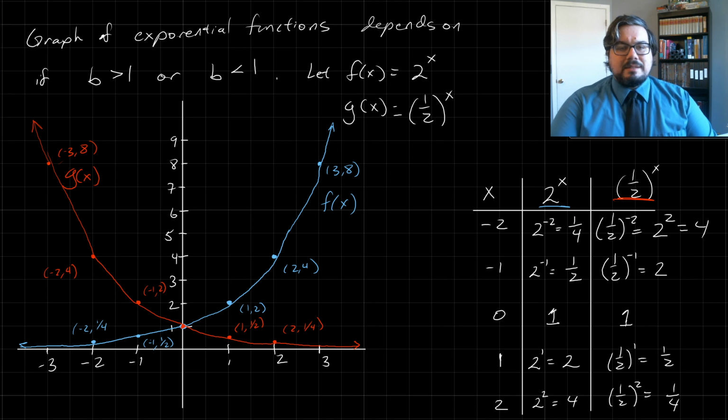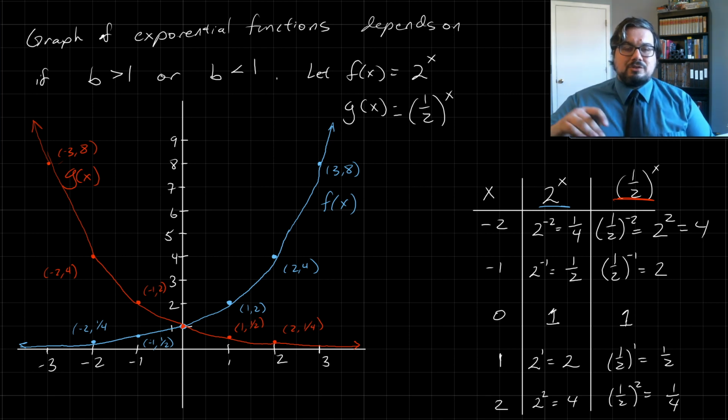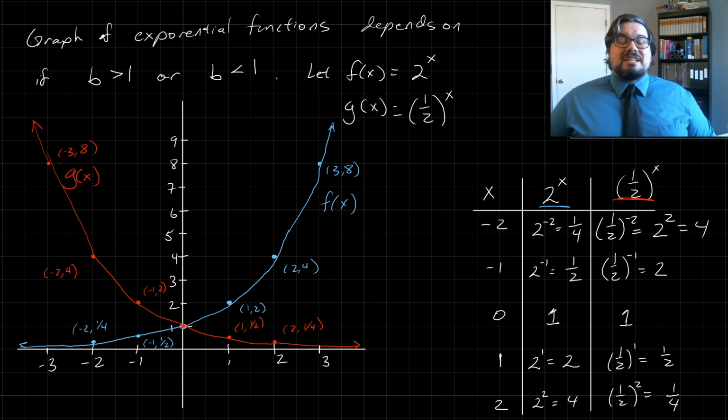Furthermore, we can see that the function f grows quite quickly as we move to the right of the graph. It starts growing faster and faster, accelerating up and up and up, which is why the term exponential growth, or grows exponentially, is a euphemism for rising very, very quickly.